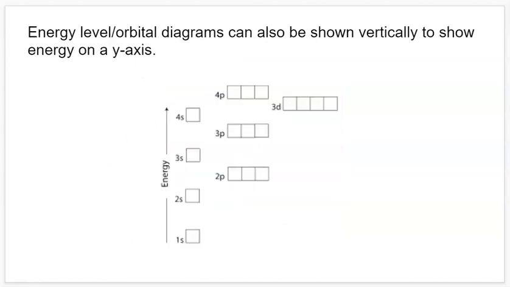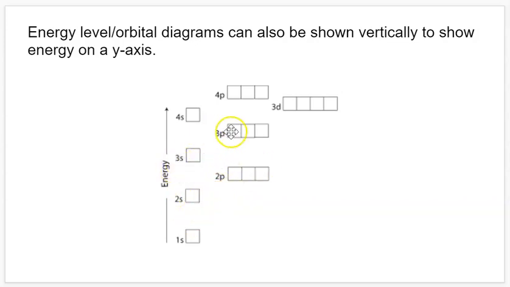Another way to show these energy level orbital diagrams with these boxes is to show them vertically. So we can add a y-axis to it, and this y-axis is representing the energy. You'll notice here that we start with 1s, this is our first shell, and then we have 2s and 2p. Since they both have the same number in front of them, they're associated with the same energy level.